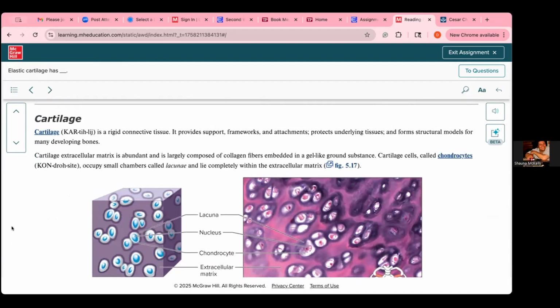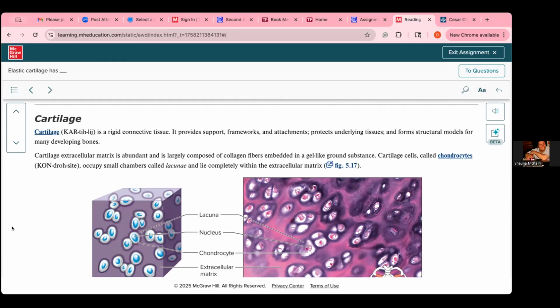Okay, cartilage is a rigid connective tissue. It provides support, framework, and attachments, protects underlying tissues, and forms structural models for many developing bones. Cartilage extracellular matrix is abundant and is largely composed of collagen fibers embedded in a gel-like ground substance.